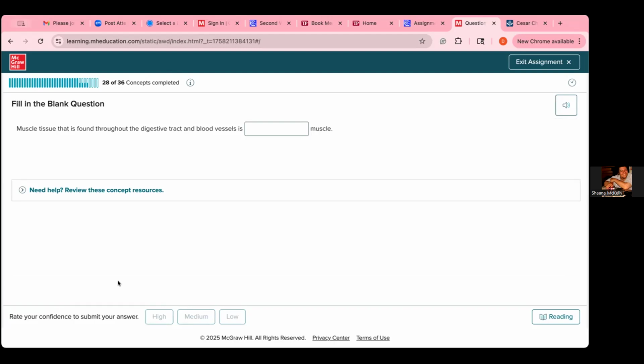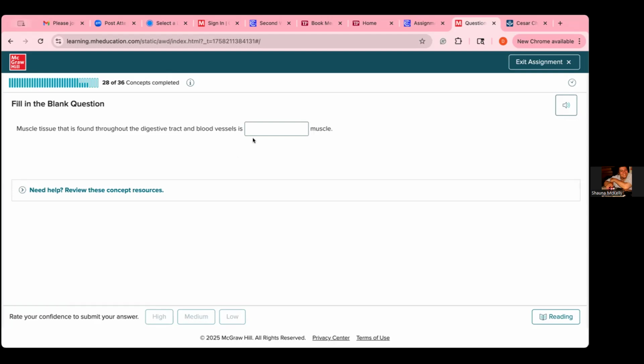So, muscle tissue found, that's also smooth muscle.